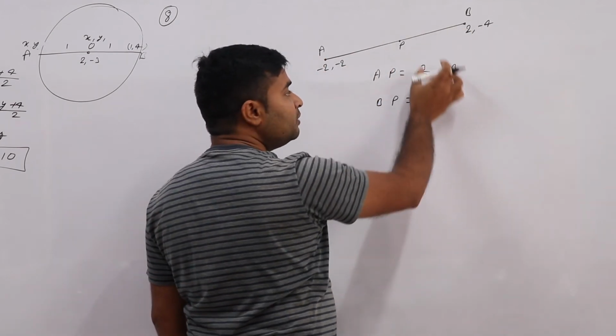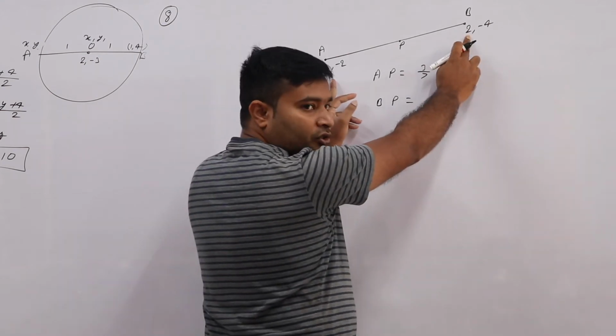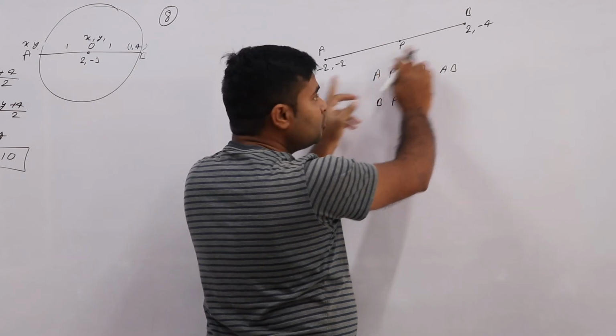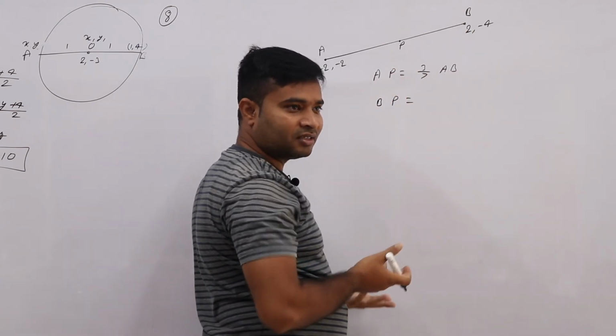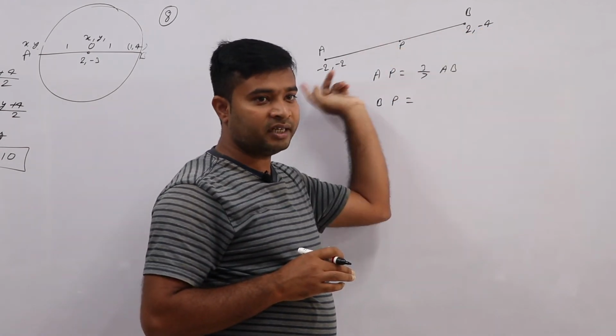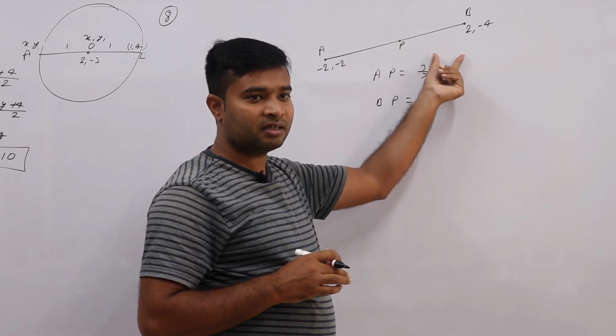Means this part will be 1 minus this one. This total is 1, this one is given, so this one will be 1 minus this one. Simple example: if this total is 1 rupee and this is 25 paisa, how much is this one? 100 minus 25 paisa.